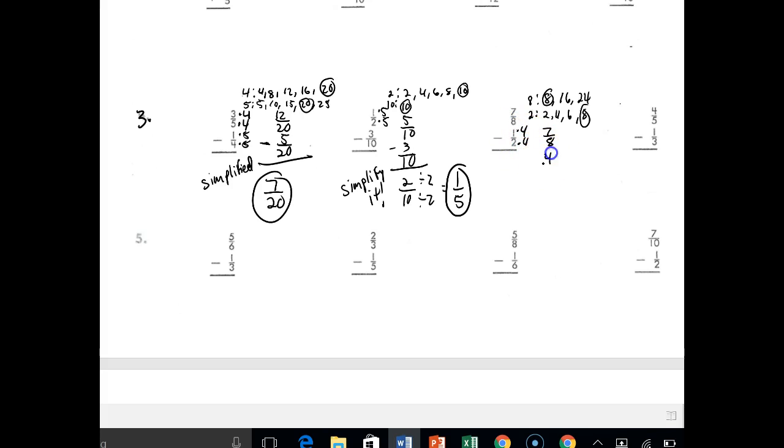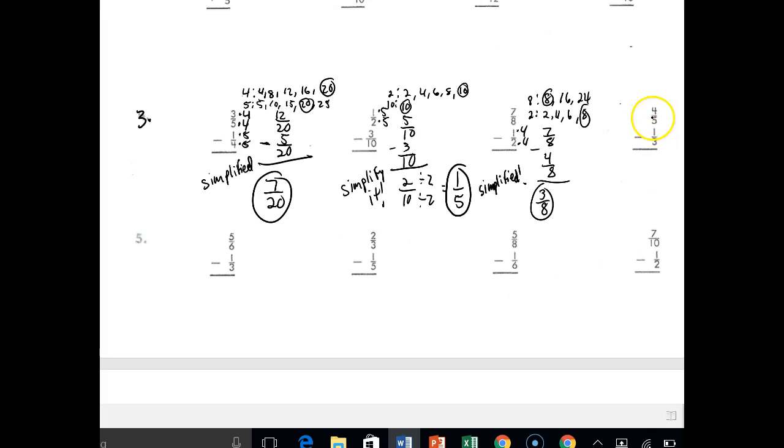So 4 over 8. So 7/8 minus 4/8 is 3/8. And that is fully simplified because you can't divide either of those numbers by a number in common. So simplified. Sorry, misspelled simplified. Simplified.